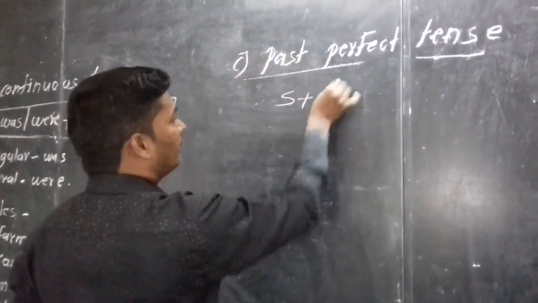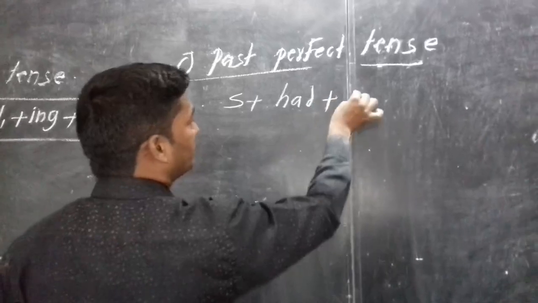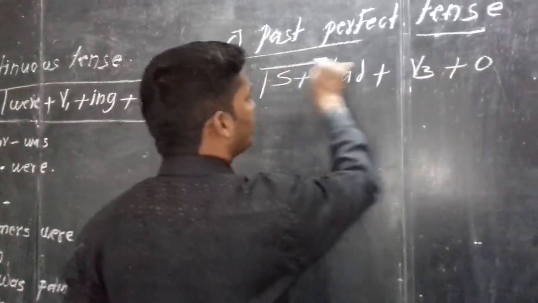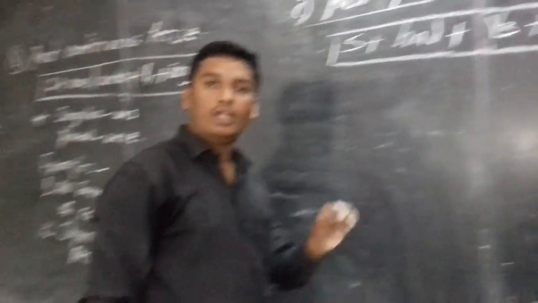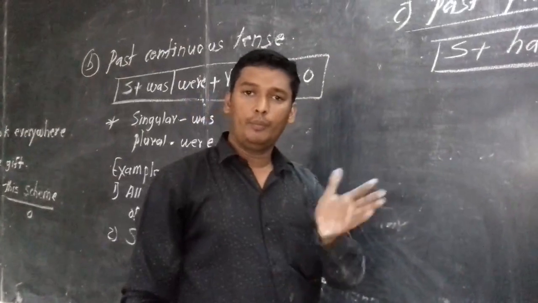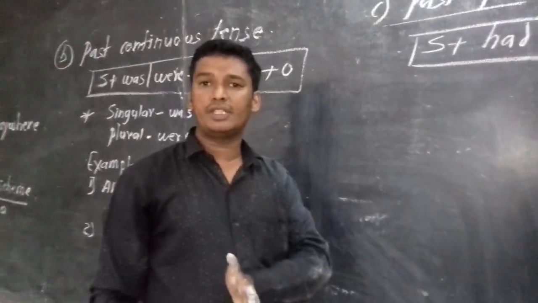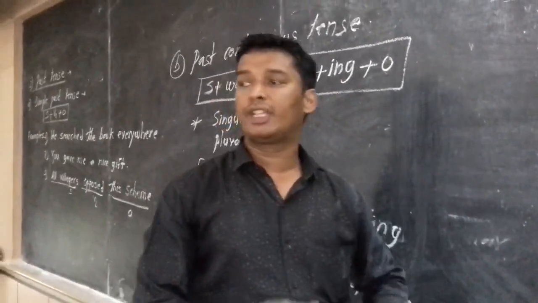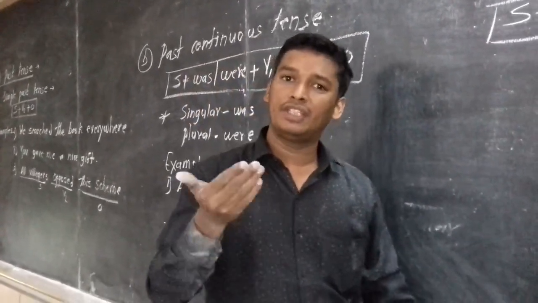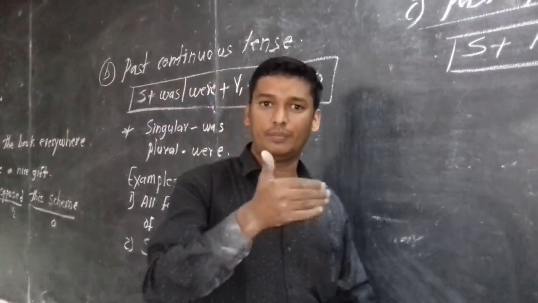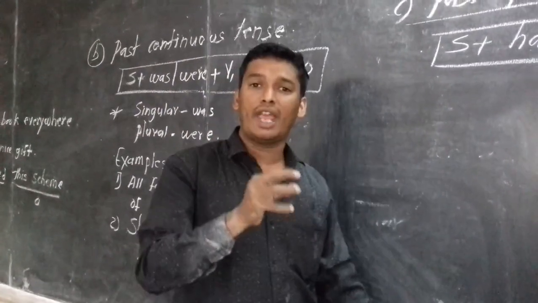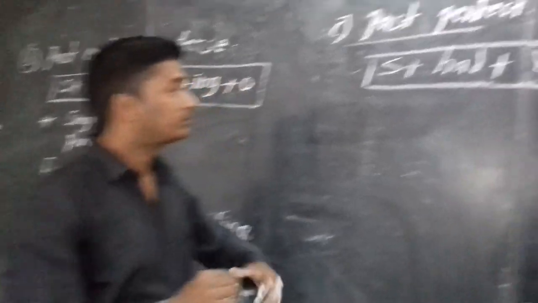S plus had plus V3 plus O. We have learned present perfect. Present perfect means completed action in present, and past perfect means completed action in past. This is the difference.